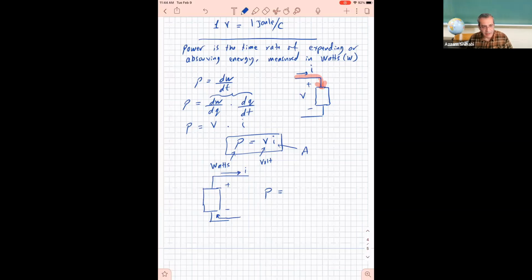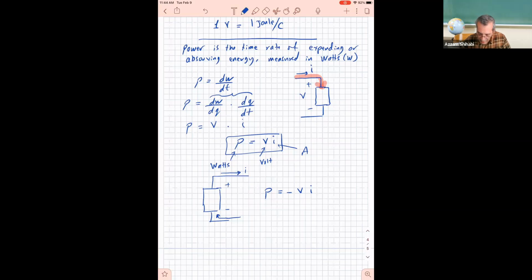Is negative. There's a negative sign here, VI. And negative power, when there is a negative sign here, that means the device or the element is supplying or generating power in the circuit, not absorbing.